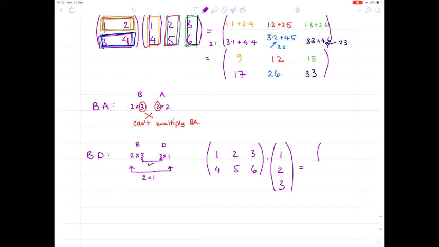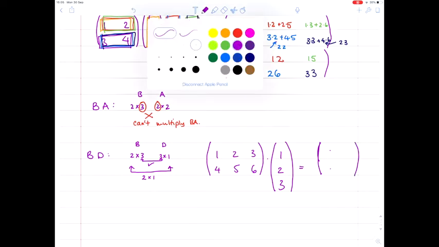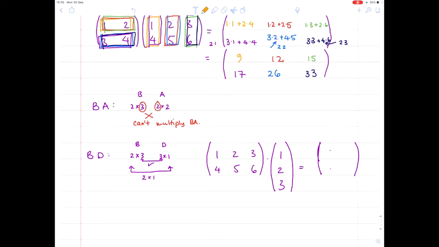So it's going to have just 2 entries, like so. Okay, well, let's figure them out. So our first entry over here is our 1, 1 entry. So it says take the first row and multiply by the first column. Well, we only got one column, but there we go. So if we take this product, we've got 1 times 1 plus 2 times 2 plus 3 times 3.